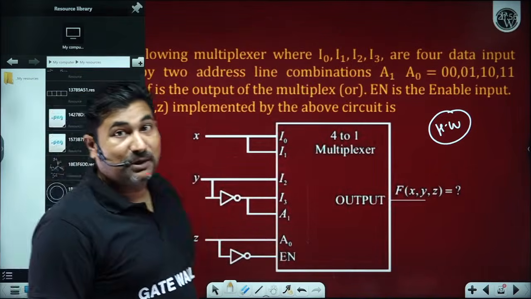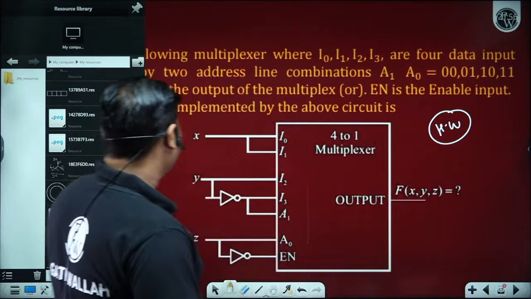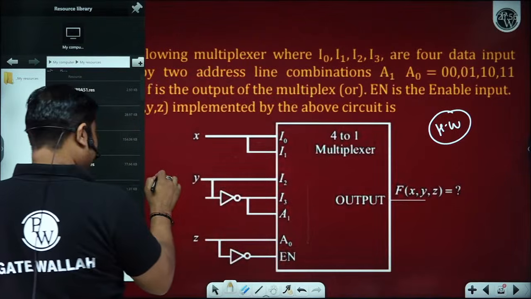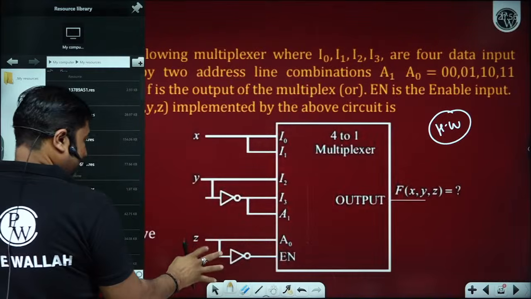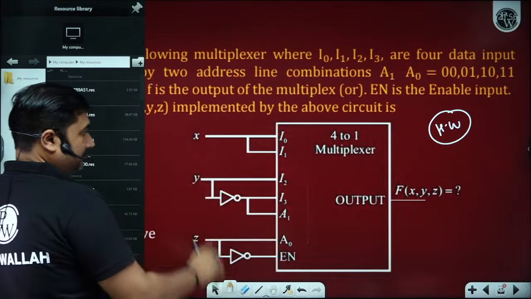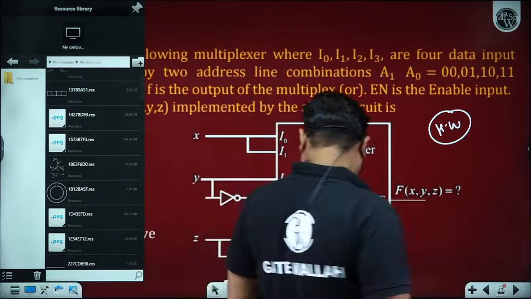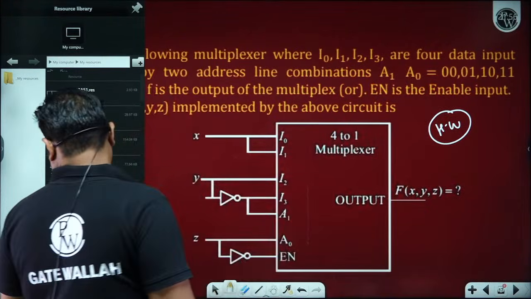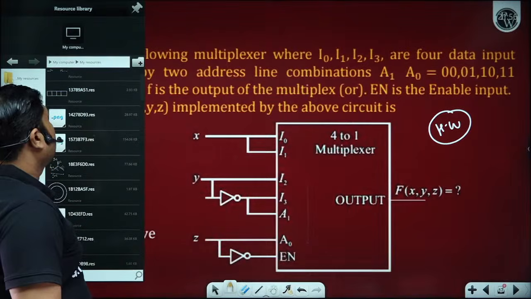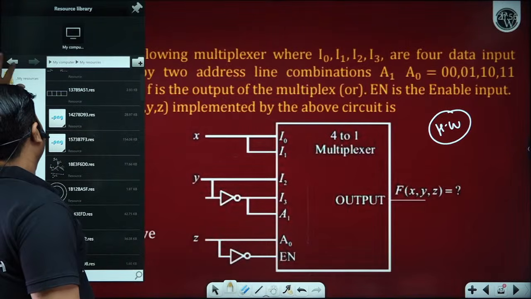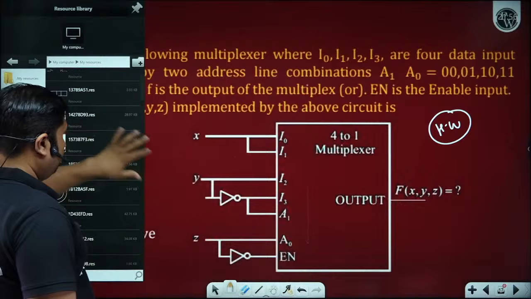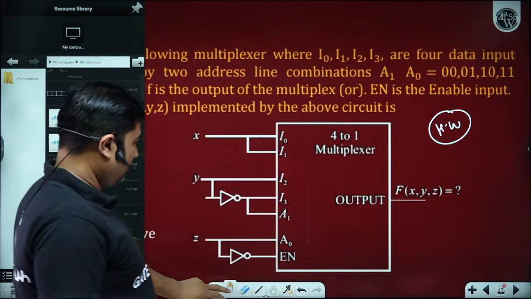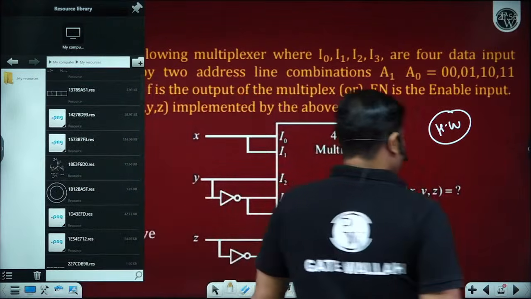Let the board respond first. Sometimes the processor hangs.